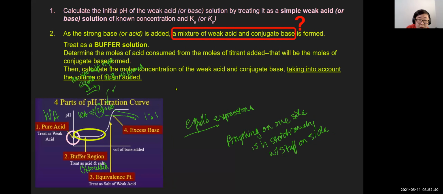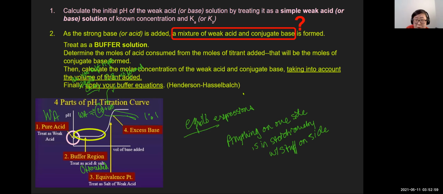Once you have that, calculate the molar concentration of the weak acid and conjugate base, taking into account the volume of titrant added. As you add volume, you're going to treat everything using the number of moles, as we showed earlier.